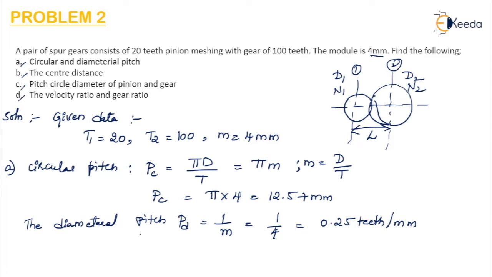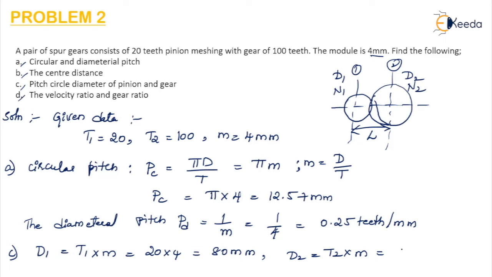Then they are asking us to find the center distance, but for this center distance we need to find the D1 and D2 values. That is why I will first find the pitch circle diameter of the pinion and the gear. So D1 is equal to T1 into m, that is 20 into 4, that is 80 mm, and D2 is equal to T2 into m, so that is 100 into 4, that is 400 mm.